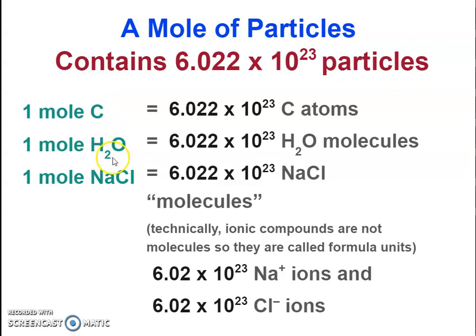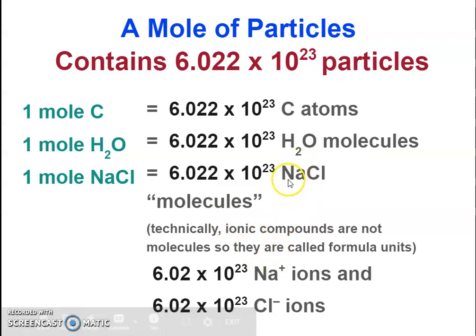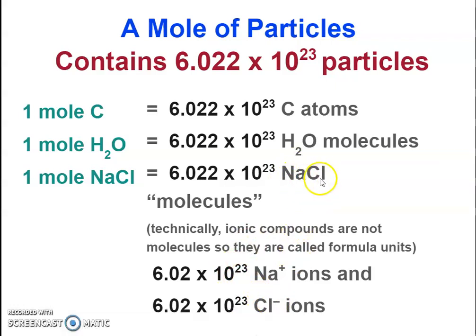So your questions will usually be stated in how many atoms or how many molecules. All right, technically, sodium chloride is an ionic compound, so we don't technically say molecule, though a lot of times we slip and do. But notice these ionic compounds, when they dissociate in water, it means you have a mole of sodium and a mole of chlorine ions because these are present in a 1-to-1 ratio.